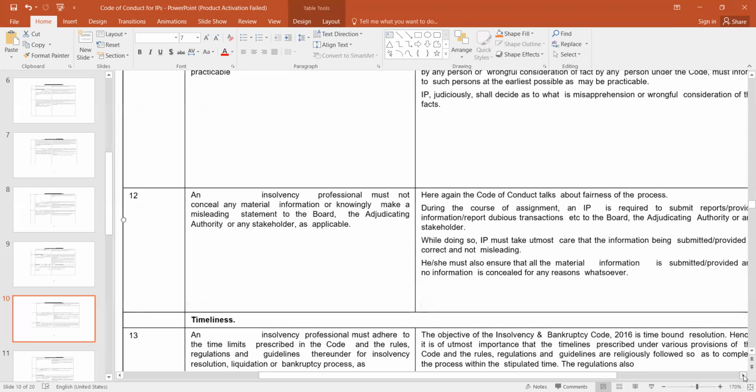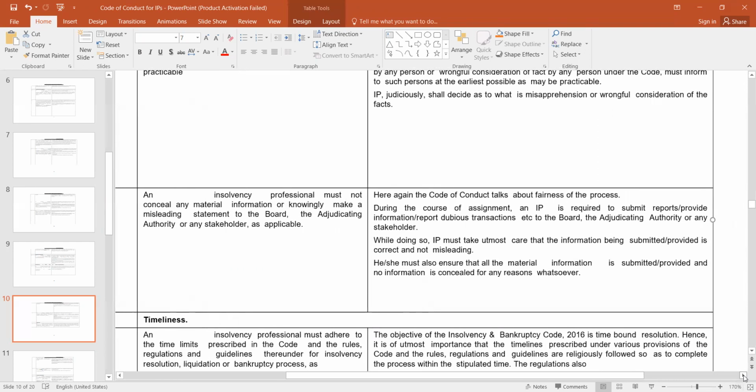During the course of an assignment, an IP is required to submit, provide, and report information, and report dubious transactions to the board, the adjudicating authority, or any stakeholder. While doing so, he has to take utmost care that the information being submitted or provided is correct and not misleading. He must also ensure that all the material information is submitted and provided, and no information is concealed for any reason whatsoever.